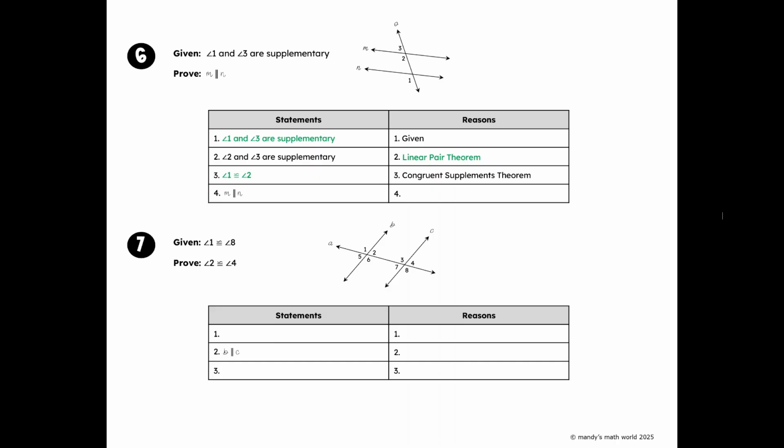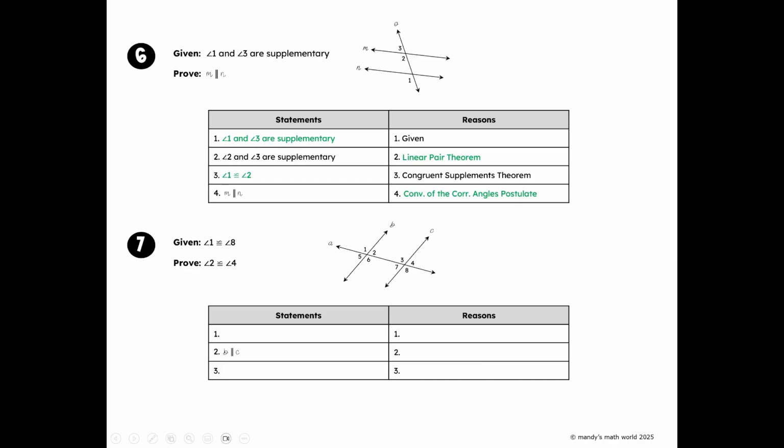So if angle 1 is congruent to angle 2, then by the converse of the corresponding angles postulate, I can conclude that line M is parallel to line N. And I'm going to use the converse of that corresponding angles postulate. Why? Because I'm proving lines are parallel. I'm given congruent angles, so I can conclude that the lines are parallel.